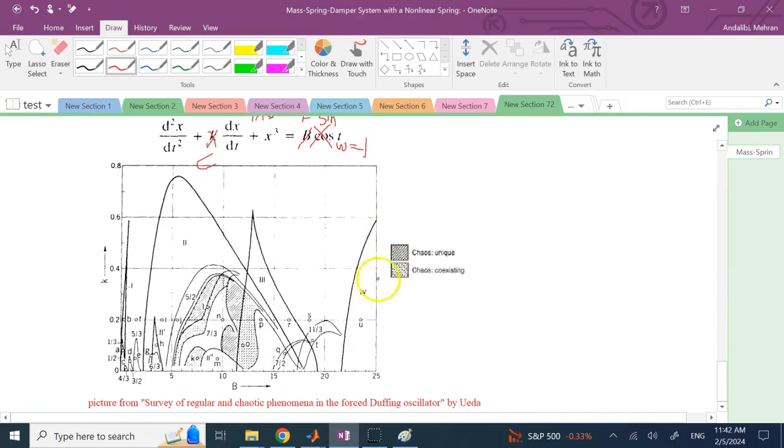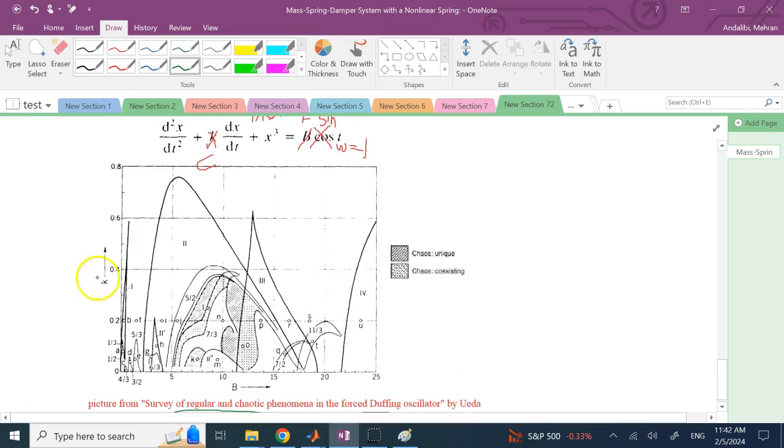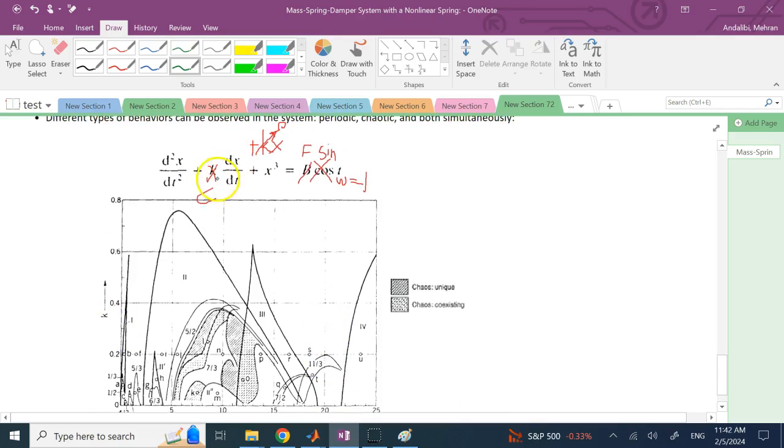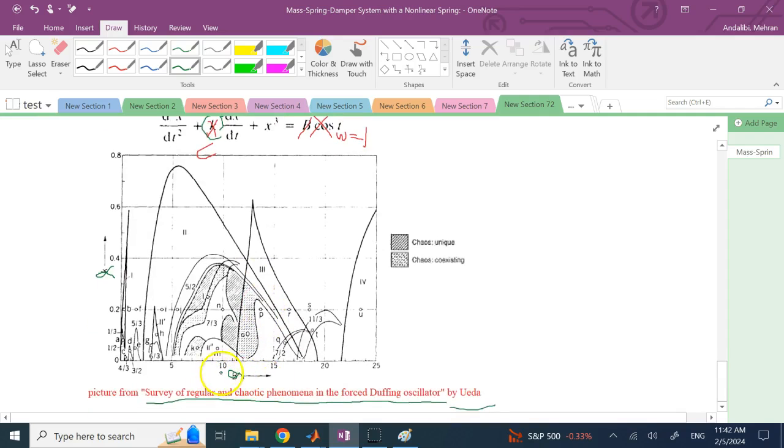And the author of this paper, which is Ueda, in 1991, in this paper called Survey of Regular and Chaotic Phenomena in Forced Duffing Oscillator, he found that based on the value of K, which for us is called alpha, and B, which is the magnitude of the harmonic excitation F, based on the values of F and alpha, you have different regions for the response.